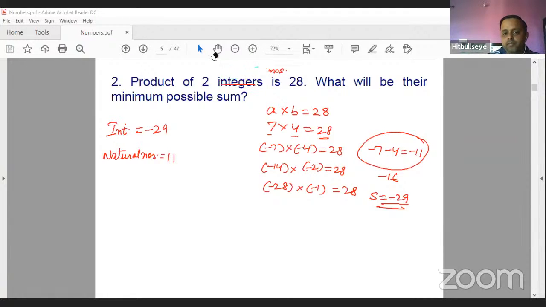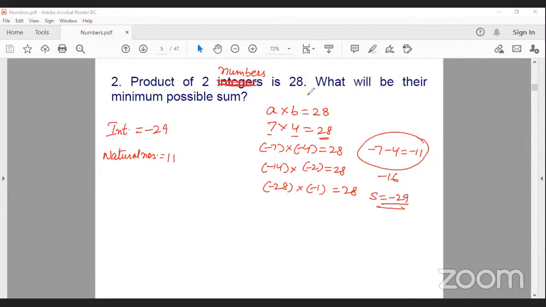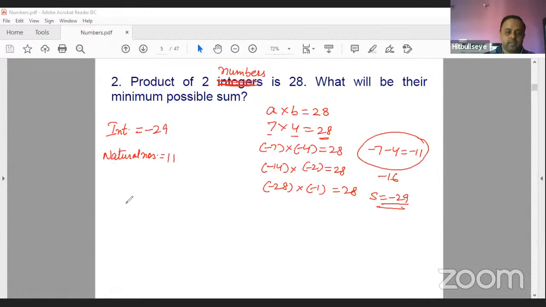Now what if instead of integers or natural numbers, if I use the word numbers only, product of two numbers is 28. Now what will be the answer? Sir, then it can be negative and positive also, right? Which one? If we put numbers. Yes, numbers can be positive and negative, obviously. Numbers simply means real numbers.